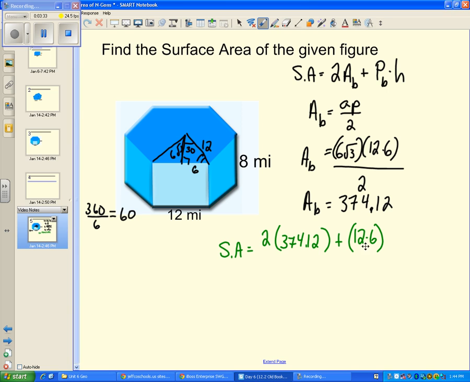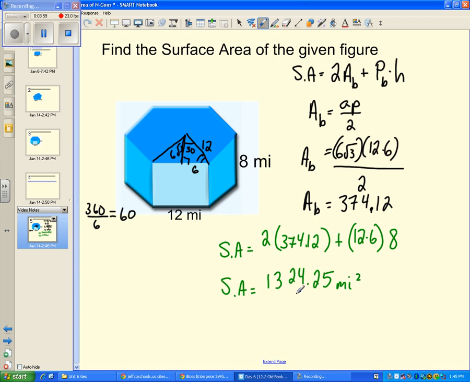And then the height, the distance between the hexagons, is 8, and so I'll multiply that all by 8. So now to find this, I'm going to type this all in on my calculator and get a number. And I end up with a surface area of 1,324.25, and we're talking miles squared. And so that's the surface area.